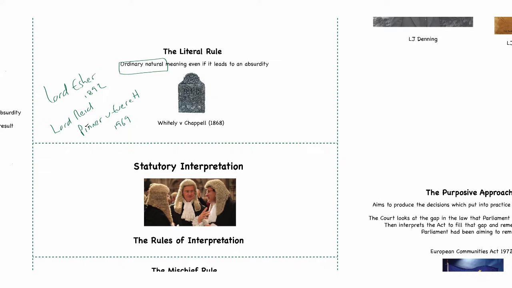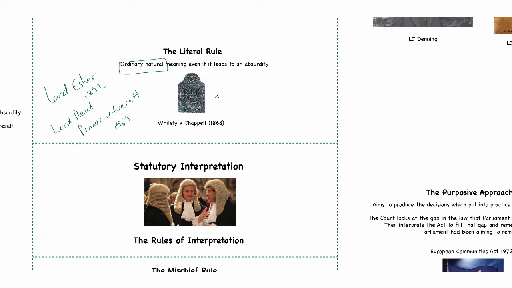Now, as you'll see in a moment, the reason that this leads to an absurdity is, as we saw in the previous video, some words can mean many things, or, placed in the context, if you apply exactly what Parliament meant, you have to include the things that Parliament didn't foresee.